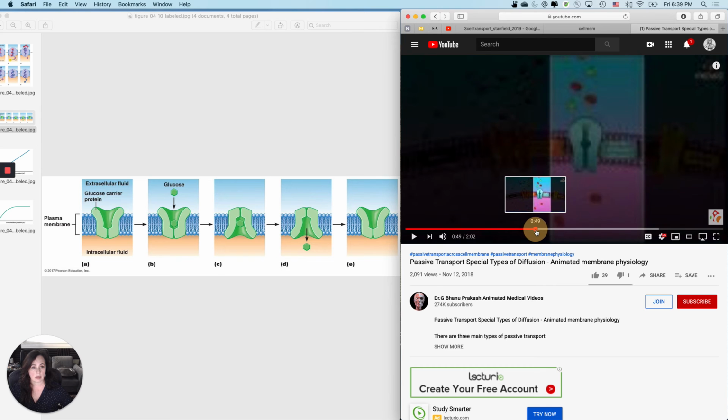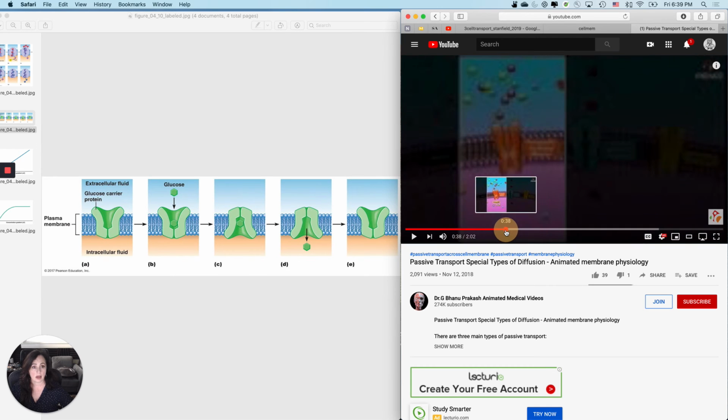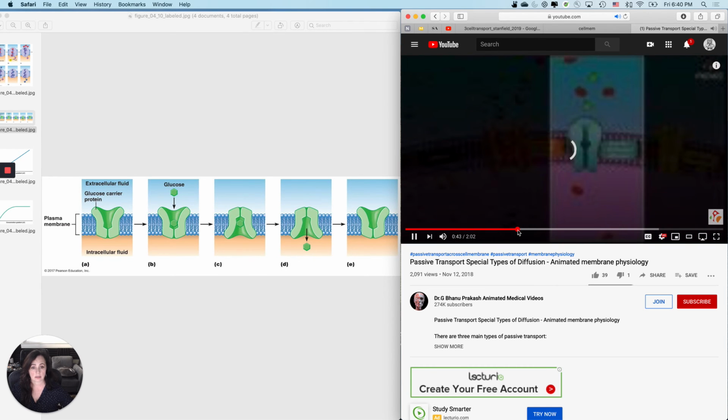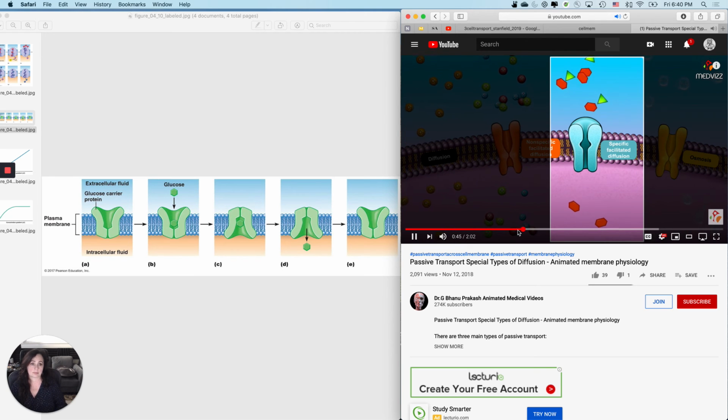Let me go back to here. Thought I had it just at the right place. These permeases only allow specific types of molecules to pass through their binding channel. The channel contains a recognition element. If the molecule is not recognized, the channel will not open to allow the molecule to pass into the cell.